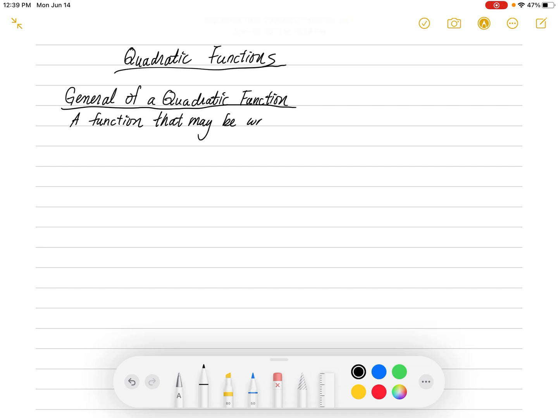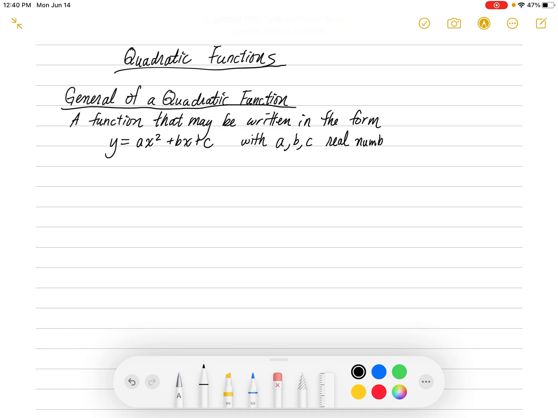A function that may be written in the form y equals ax squared plus bx plus c.